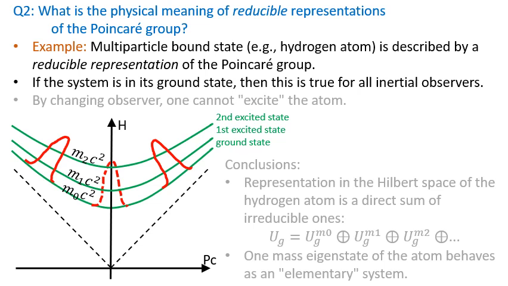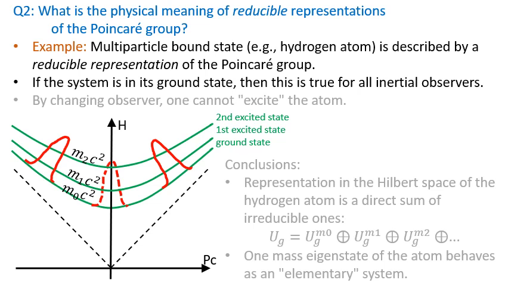But the total momentum can take any values. For example, from the point of view of a moving observer. A larger momentum is accompanied by a larger total energy. This means that in a full description, atomic energy eigenstates form so-called mass hyperboloids.